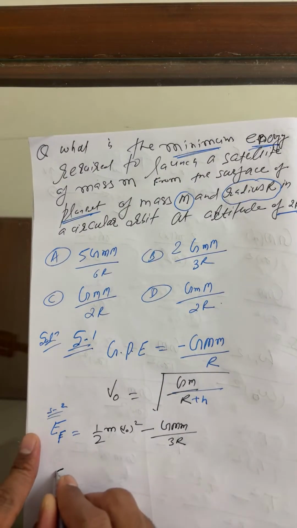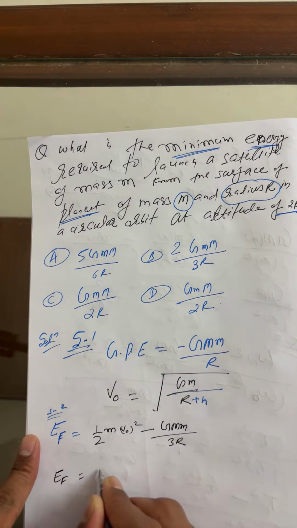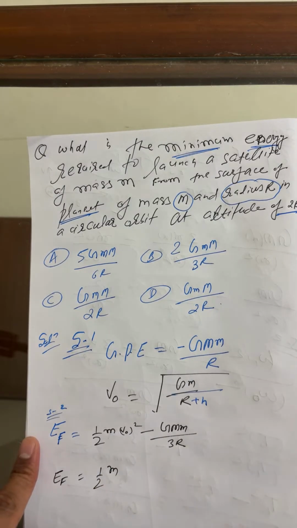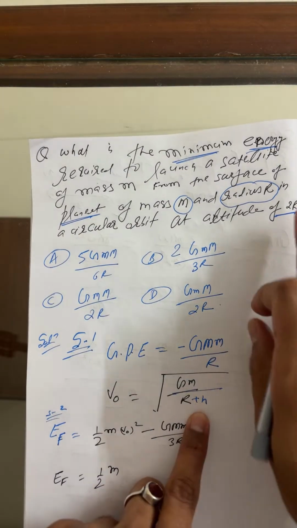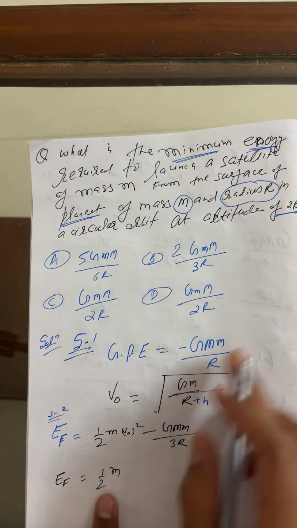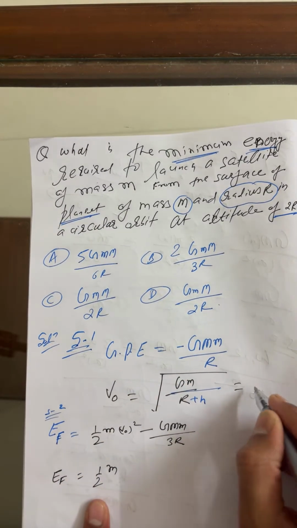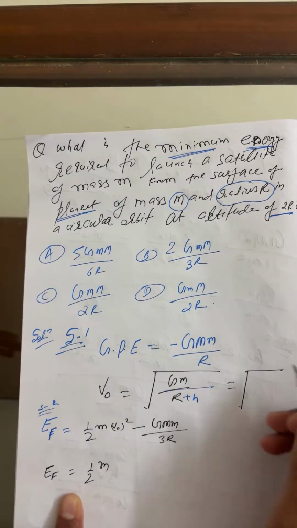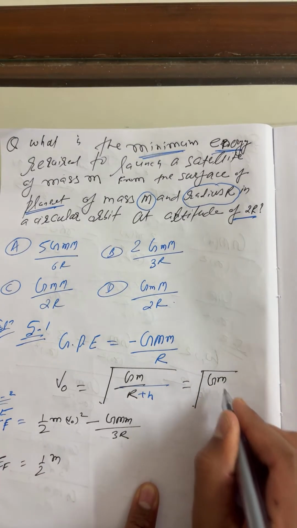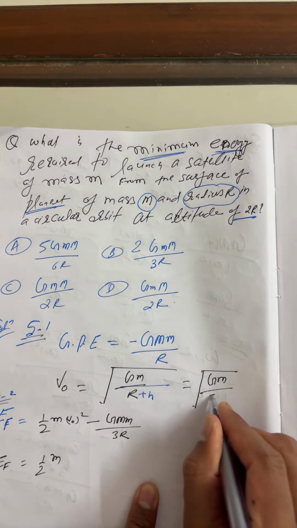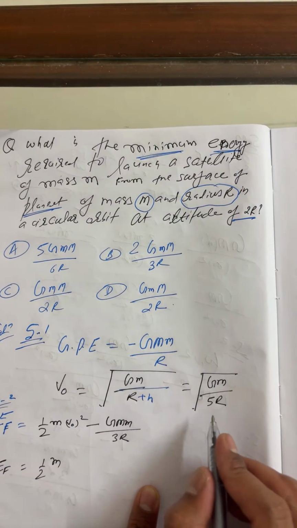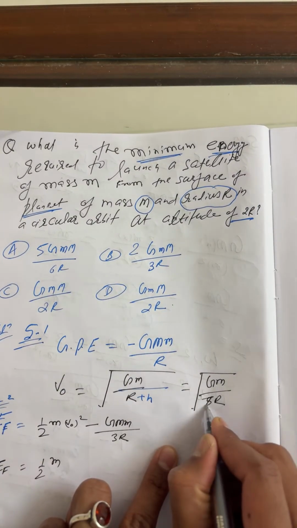So we can solve further. Energy final is half m V squared, and this H, how much is mentioned here? This is 2R. 2R plus R, we can see 3R here. So V squared is G M by 3R. Is it 5R or 3R? 2R plus R, it's 3R.